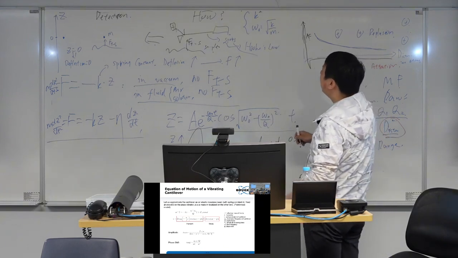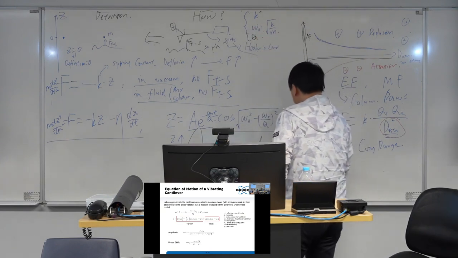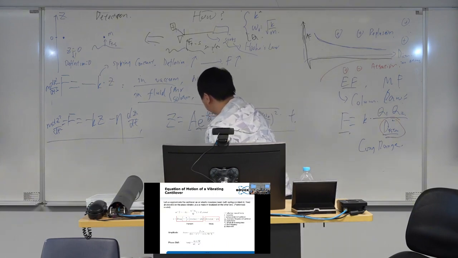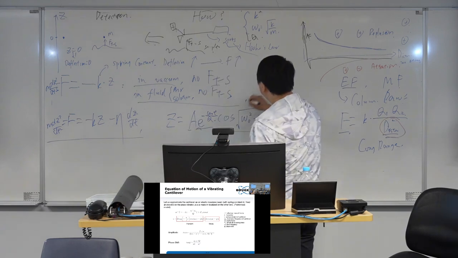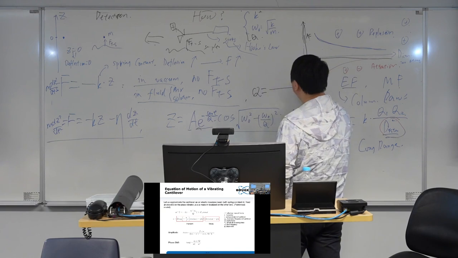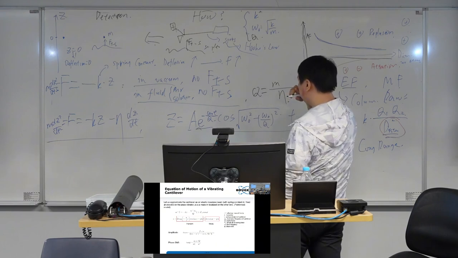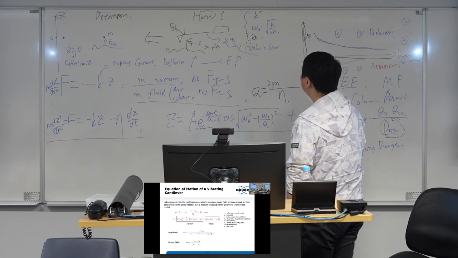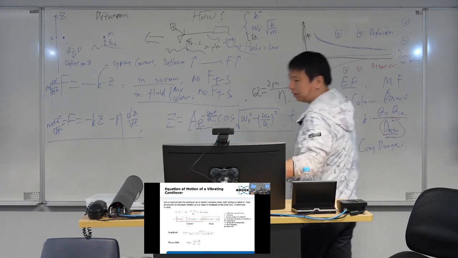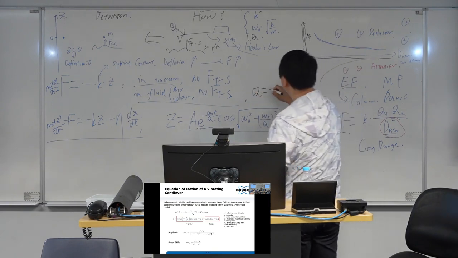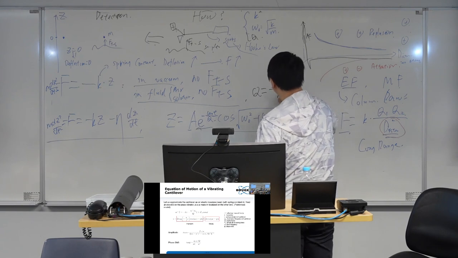So at this time, we will have another property, the so-called Q. We don't solve the functions completely, but the Q is defined as something like that.